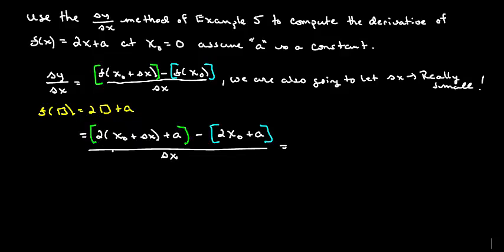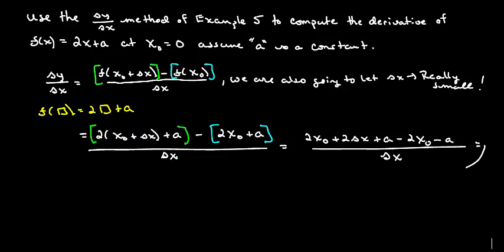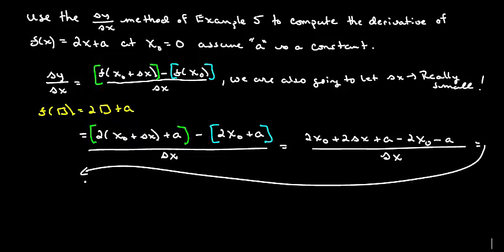So we need to distribute this 2, and distribute this negative, just like that. And then if you notice up here, this 2x naught cancels with this negative 2x naught, and this a cancels with this a. So the a's cancel out.